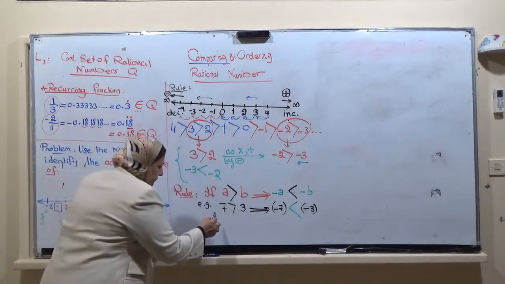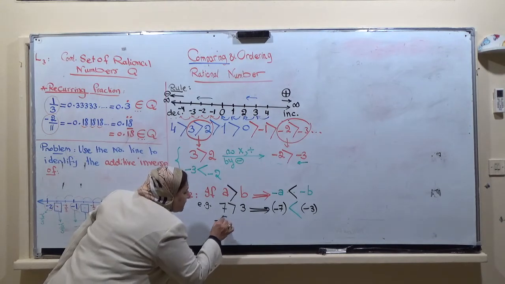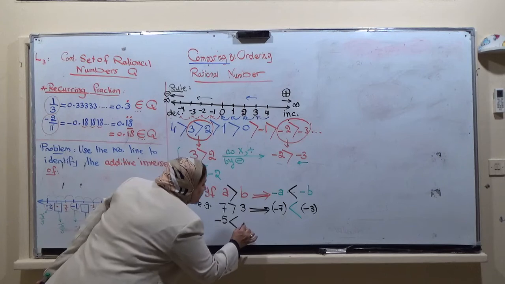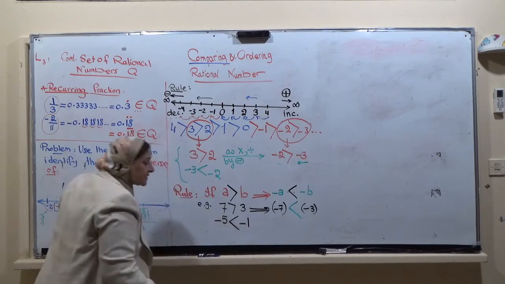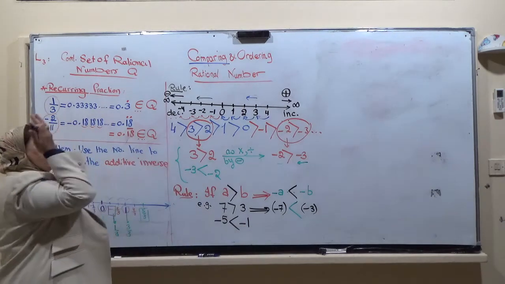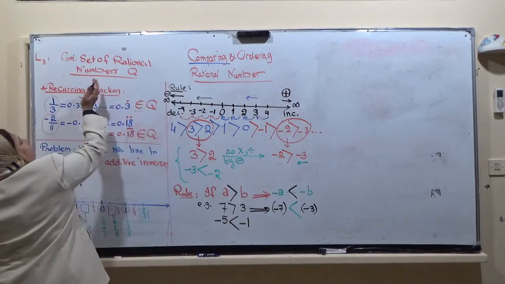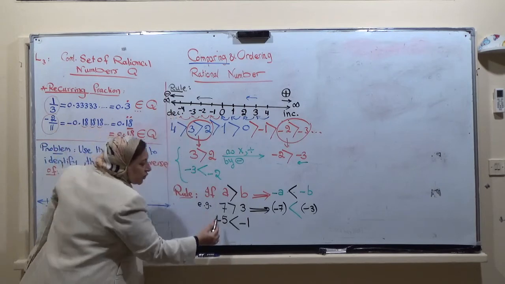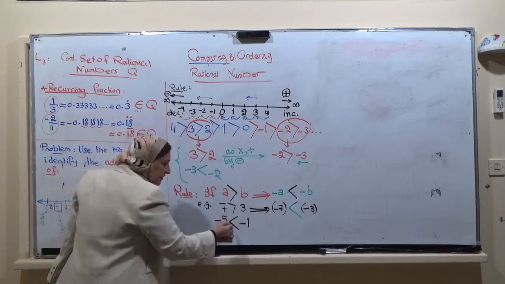Another one. Negative 5 is smaller than negative 1. Yes, negative 5 is more back. Then -1 here, -5 here. So -5 is smaller than -1. This is correct.